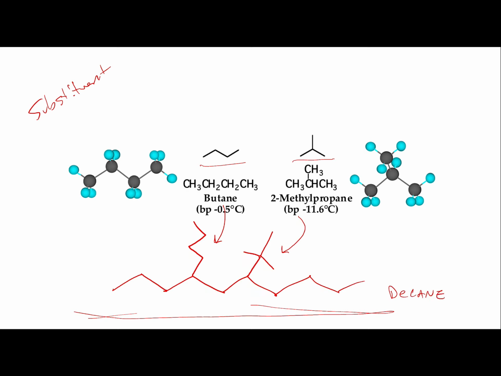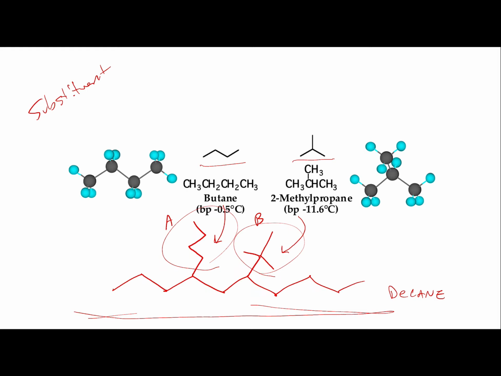And because both of these have the same formula, and because they're constitutional isomers, when we're naming what this decane is called with these groups on them, we would give it different names depending on whether group A or group B was on this decane.